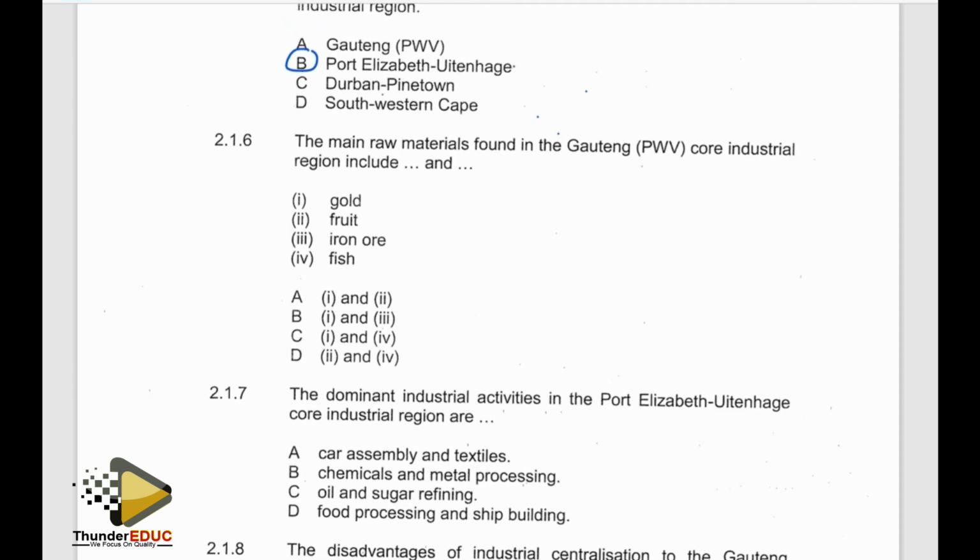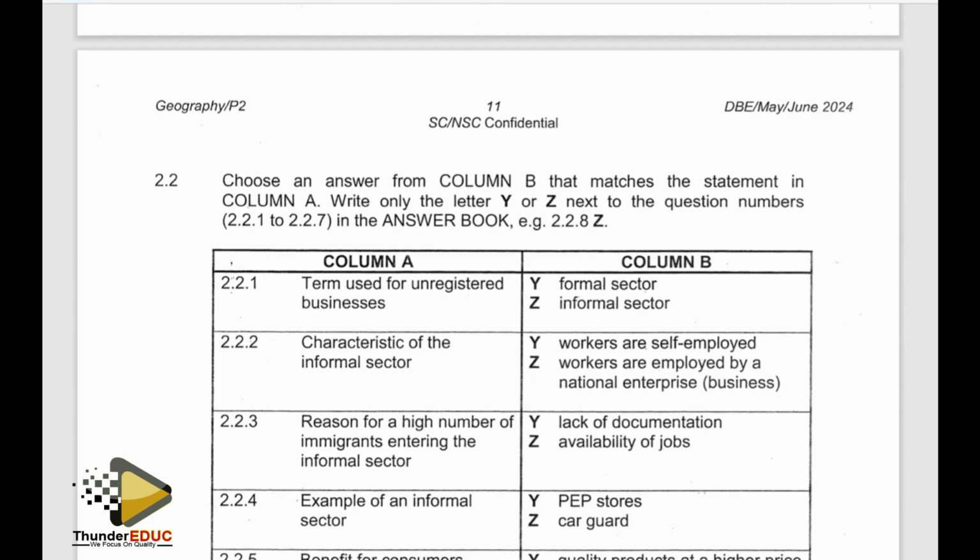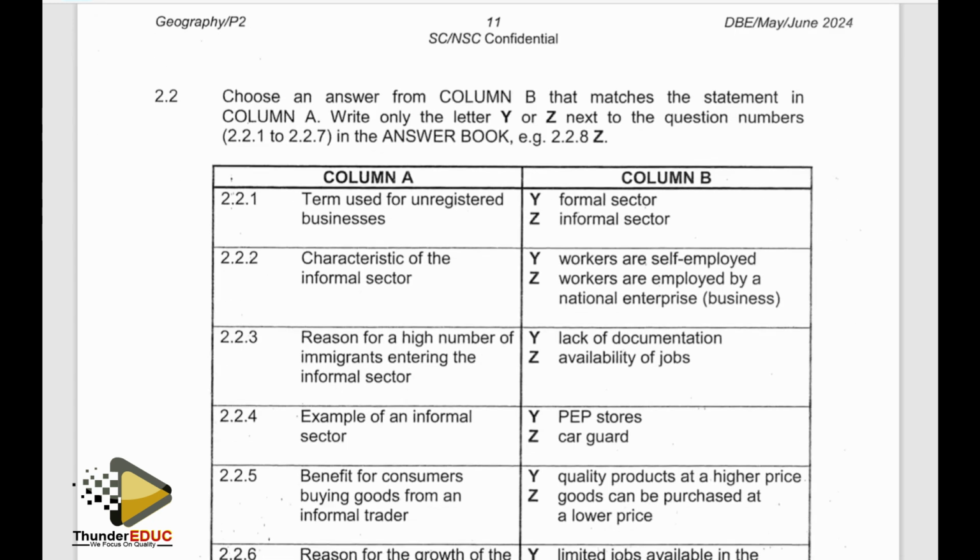It's question number 2.2. Right, quickly going through the question. It's a question which requires us to match column A versus column B with the responses Y and Z for each item. Right, this one we are going to do quickly. The difference between the formal and the informal sector.